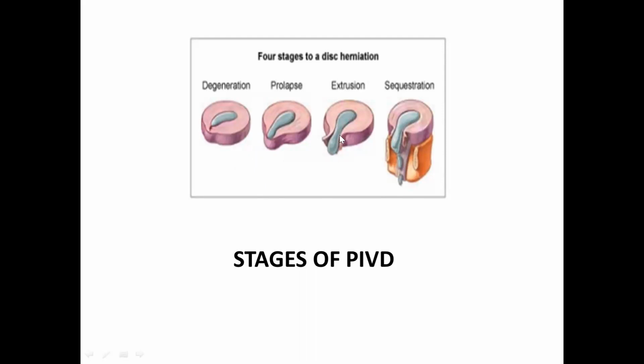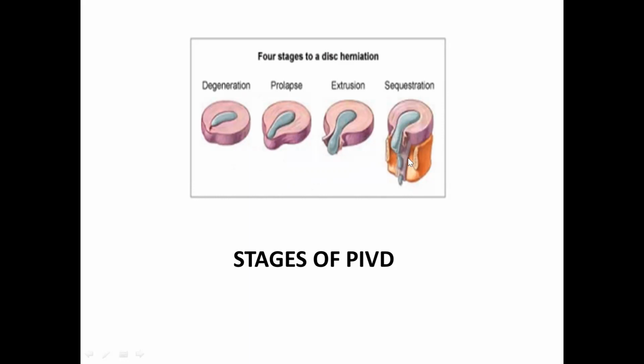Any part which becomes weak comes out through this part, right? And as it is getting compressed, it is coming out through this part. Then is the sequestration. The weaker portion gets more weak, and due to that, you can see here the weakness extends, and the herniation becomes so extensive, and then the leakage started occurring.